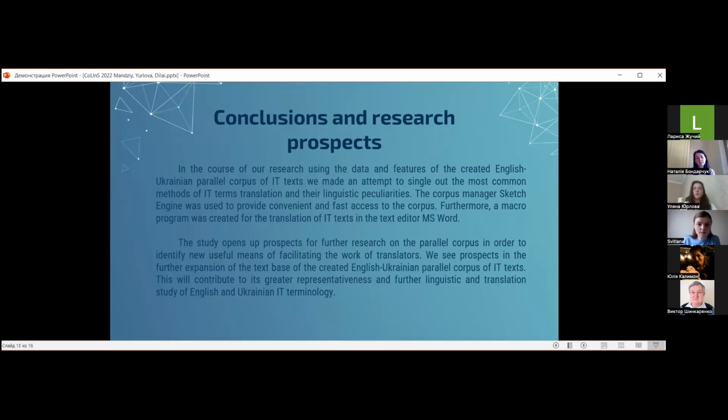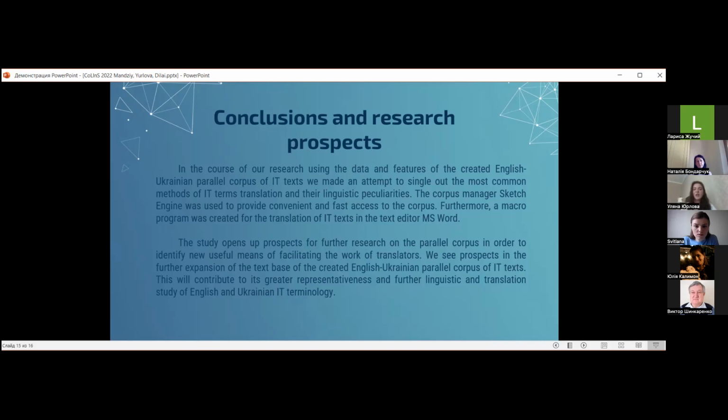So in the course of our research, using the data and features of the created English-Ukrainian parallel corpus of IT texts, we made an attempt to single out the most common methods of IT terms translation and their linguistic peculiarities. The corpus manager Sketch Engine was used to provide convenient and fast access to the corpus, and furthermore, a macro program was created for the translation of IT text in the text editor Microsoft Word.